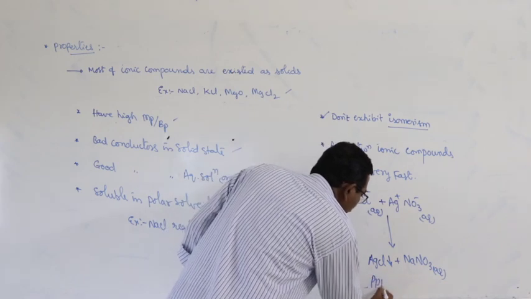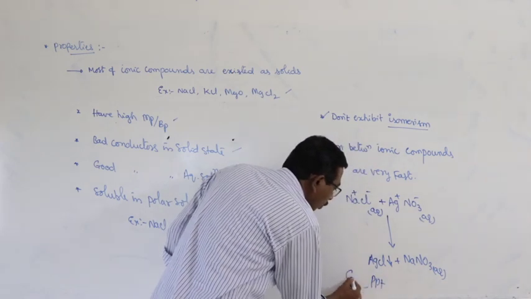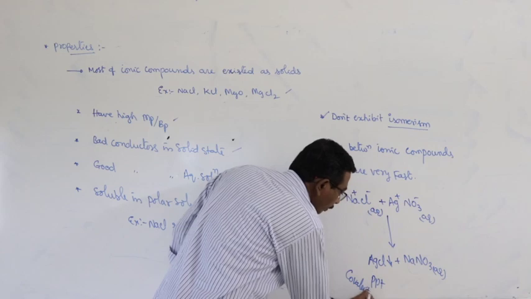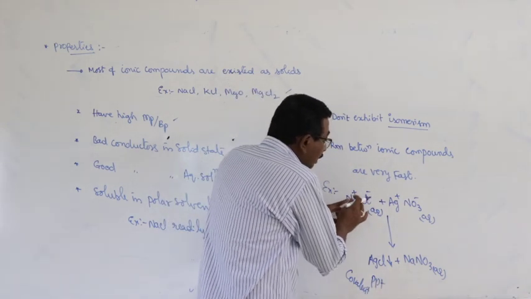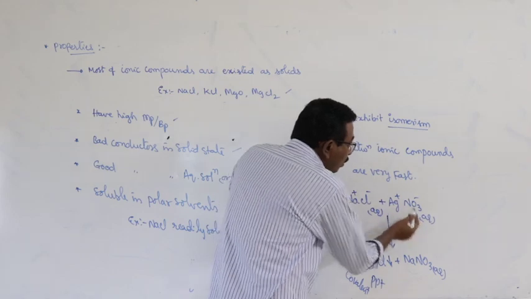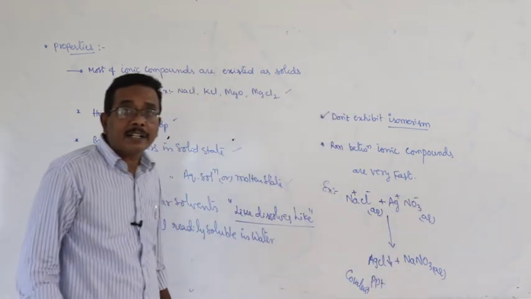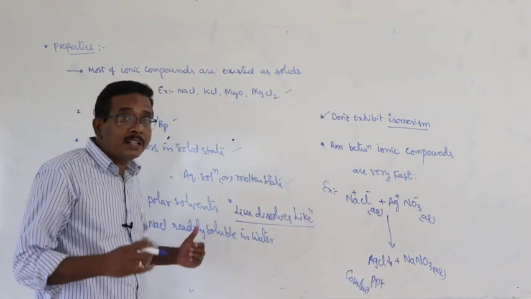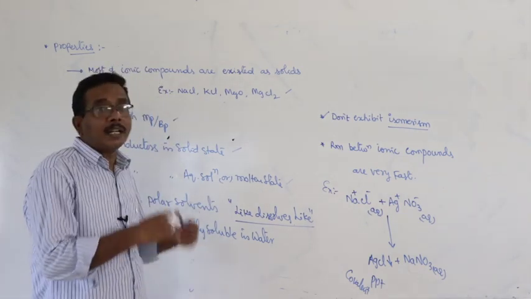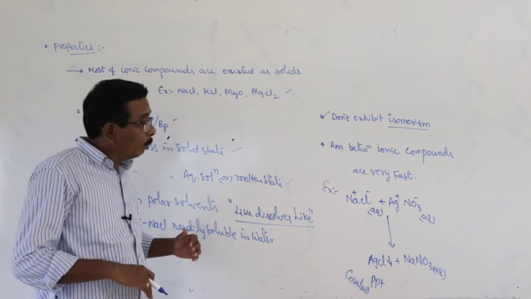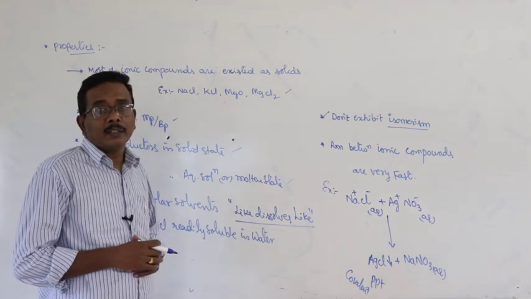Here this is the precipitate. This is a covalent compound. And the reaction between the aqueous solution of sodium chloride and aqueous solution of silver nitrate goes to completion in a short span of time. What is the reason for that?